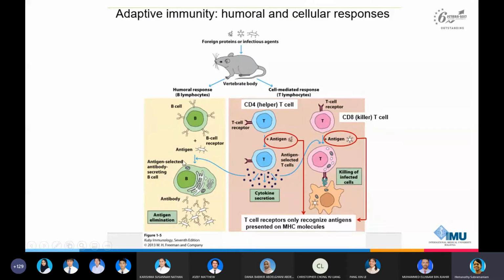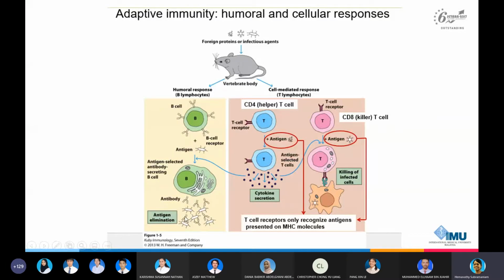What does that mean? We will look at it in the upcoming slides. Not necessarily all the B cells will get activated and then start to release antibodies. No, we have a selection here. We will discuss that in the upcoming slides. But generally, the B cells will start secreting antibody to eliminate the antigen.